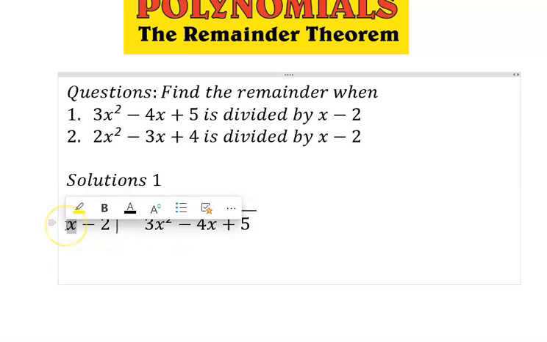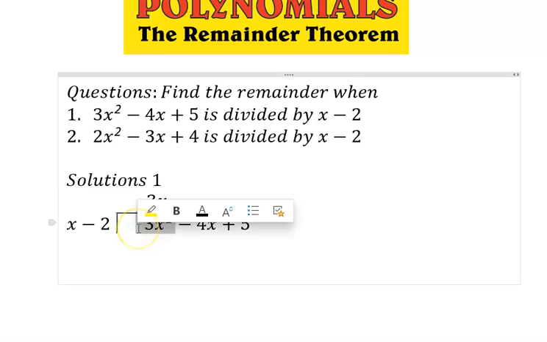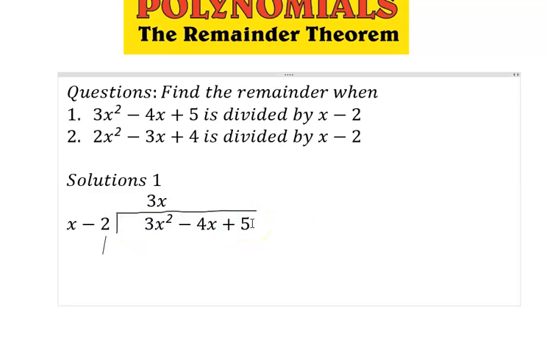So the result will be up here. You'll be left with what? 3x. Awesome. Because if you say 3x times x, it will give you what? 3x squared.